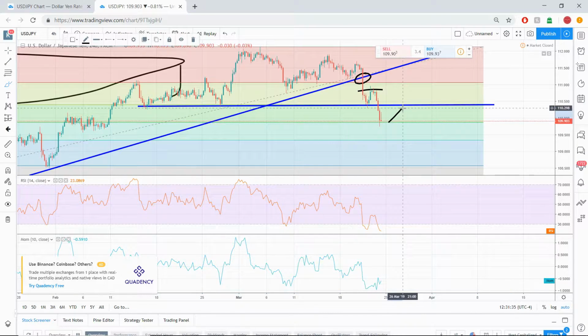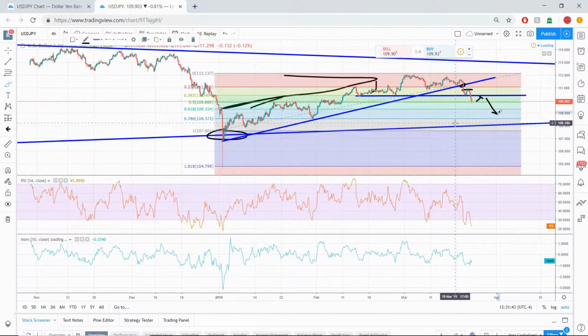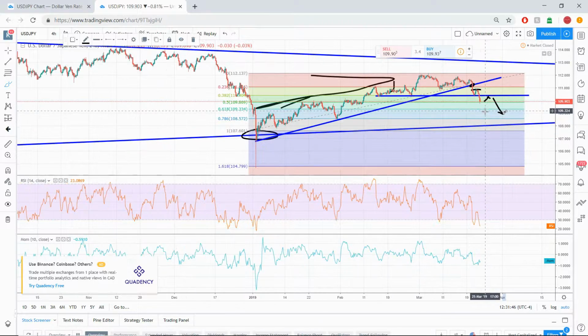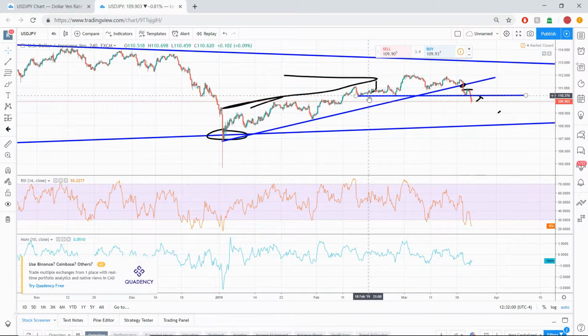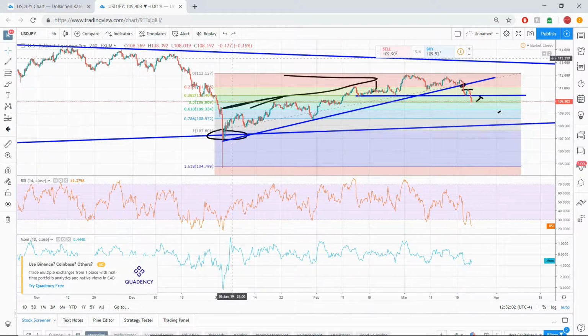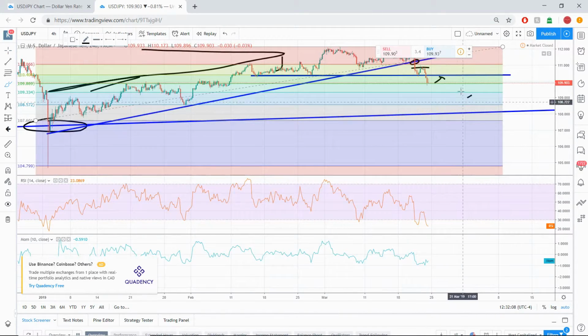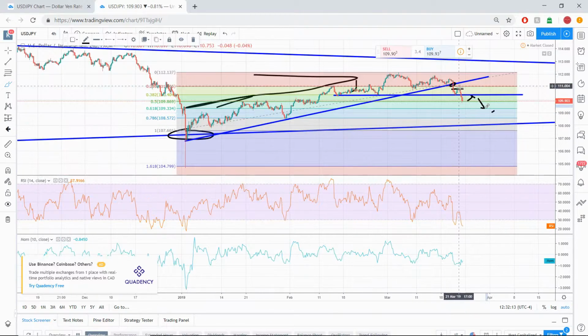You wait for price to come up here, and then you wait for price action to go short to the 62% level. So yeah, you'd probably try to aim for the 62% level retrace, which is this green area here, if you're looking for a short-term trade.